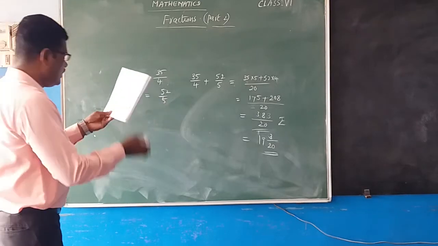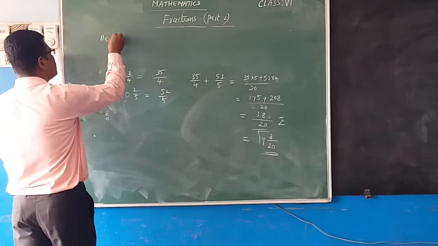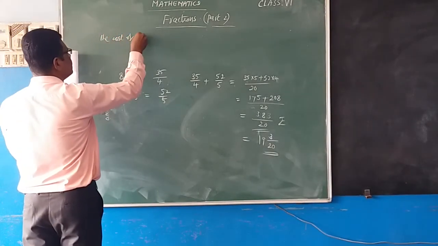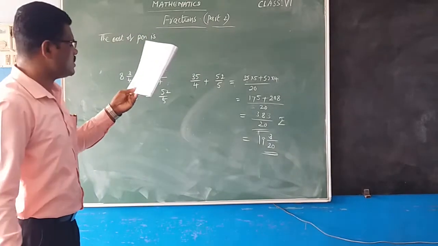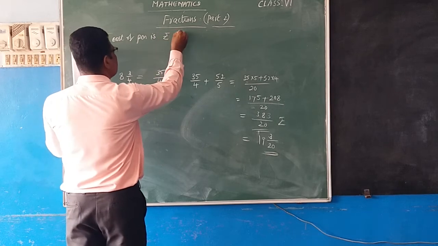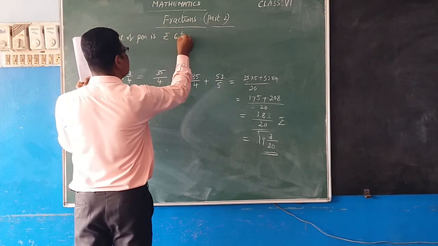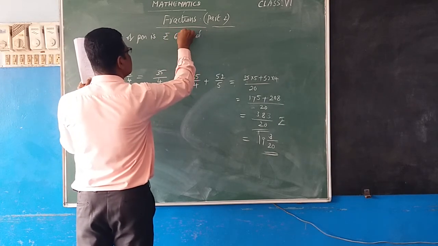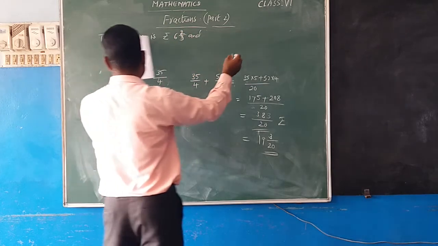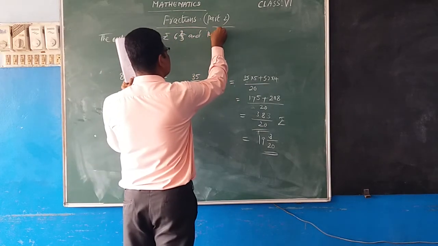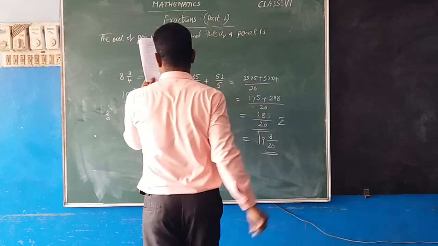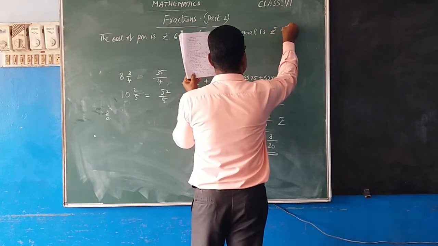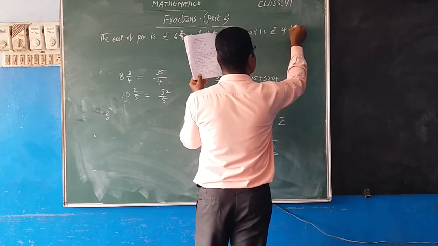The cost of a pen in a shop is rupees 6 2 by 3 and that of a pencil is rupees 4 1 by 6.